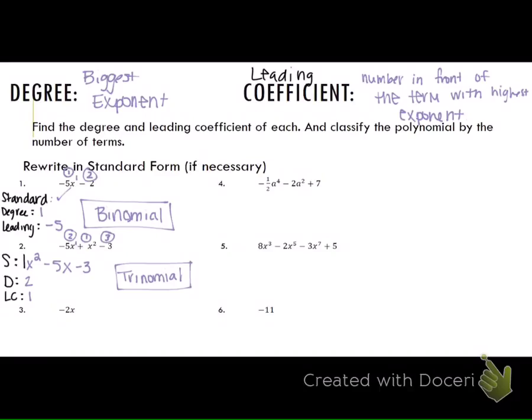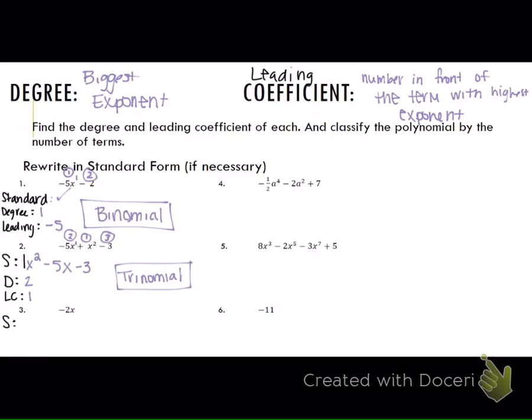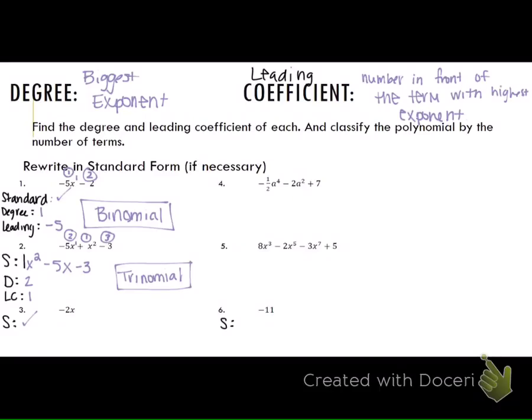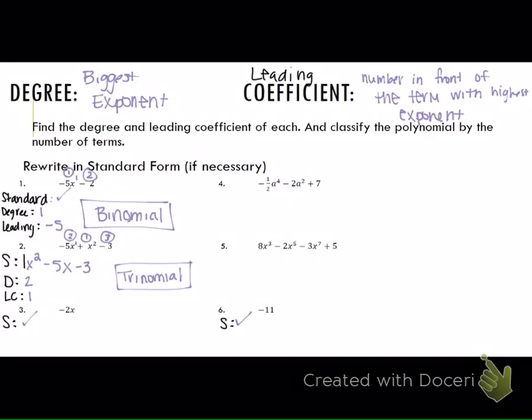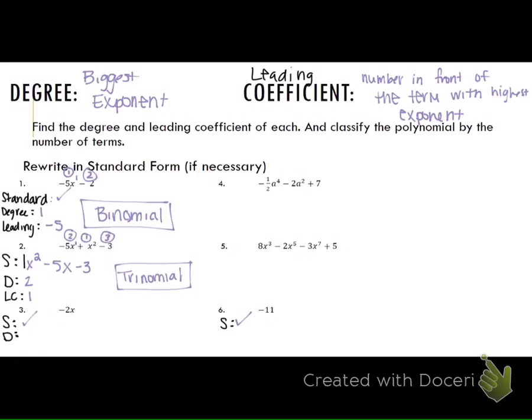Okay, we're going to do 3 and 6 together because they're very similar. So we're going to do those side by side. Are those in standard form for 3 and 6? There's 1 term. So is that in standard form? Can we move anything around? No, there's nothing to move around. What is the degree of number 3? What's the biggest exponent in number 3? 1, because there's only 1 term. Monomial.